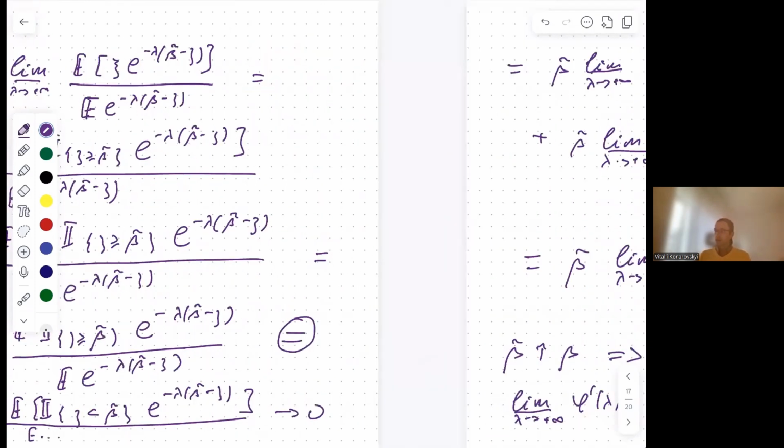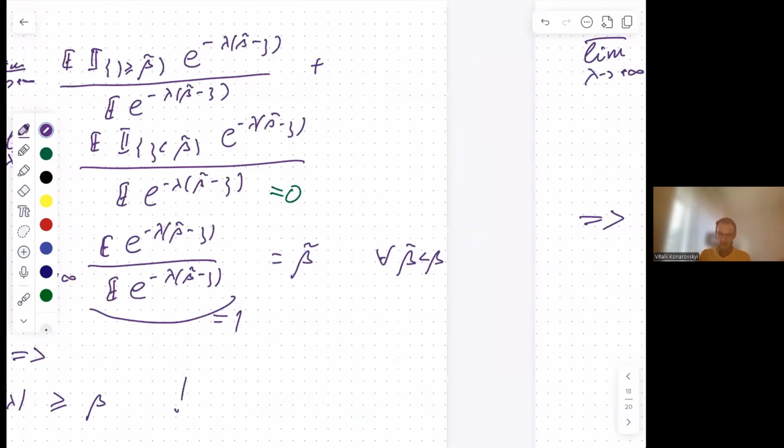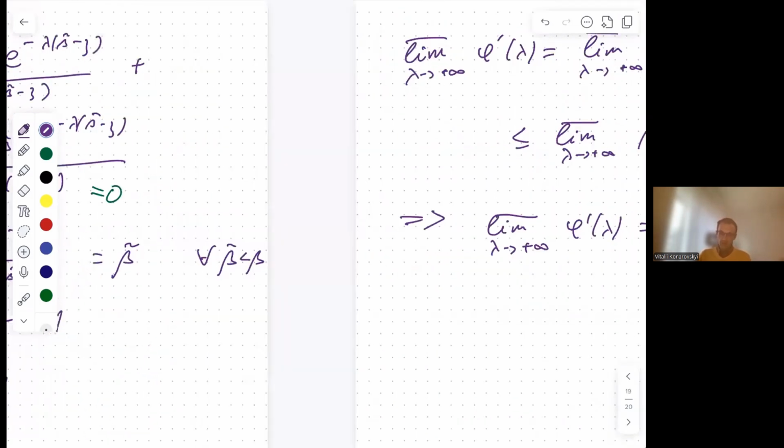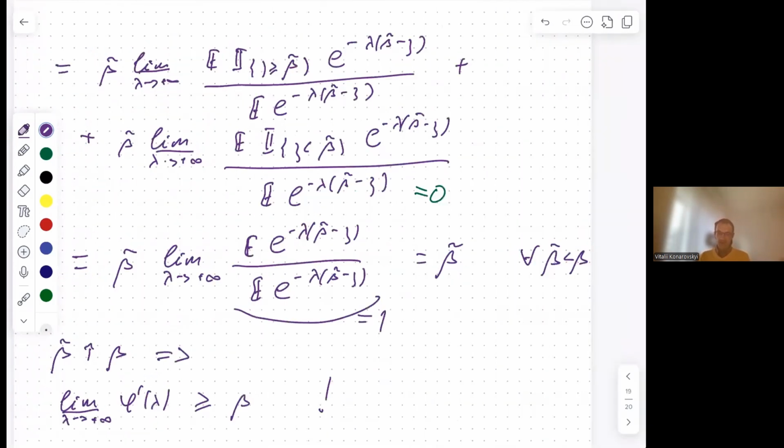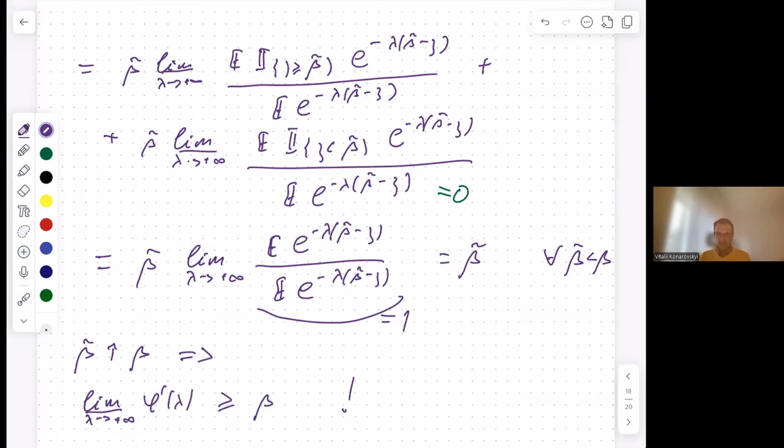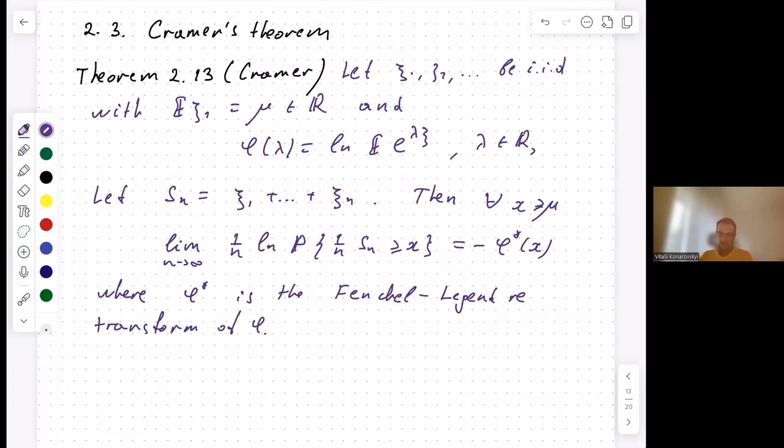Now it remains only to prove the Cramér theorem. And we will prove the Cramér theorem next time, also assuming that the cumulant generating function takes finite values.